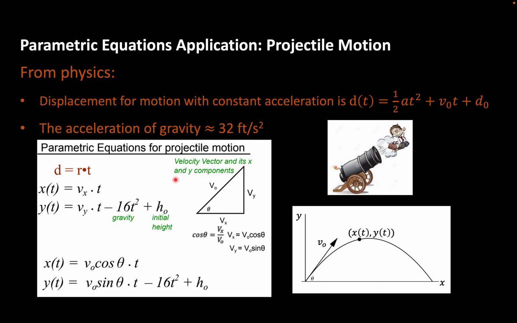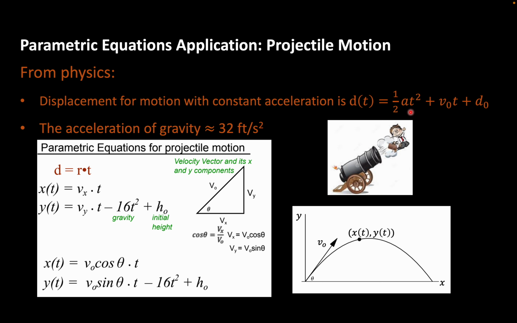So, talking about projectile motion, the acceleration we will think about will simply be the acceleration due to gravity. And if we do that in feet per second squared, that's 32 feet per second squared, which means here your half of a will actually just be 16, or better, negative 16 if we consider up to be the positive direction of our motion.